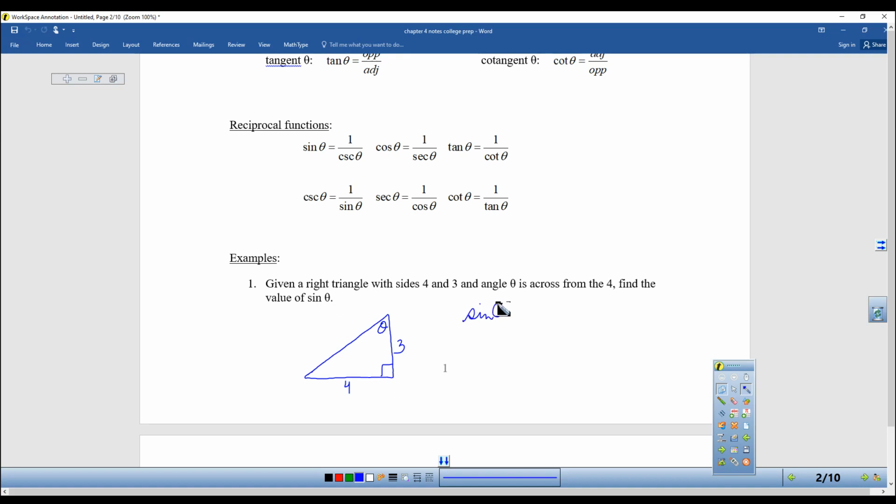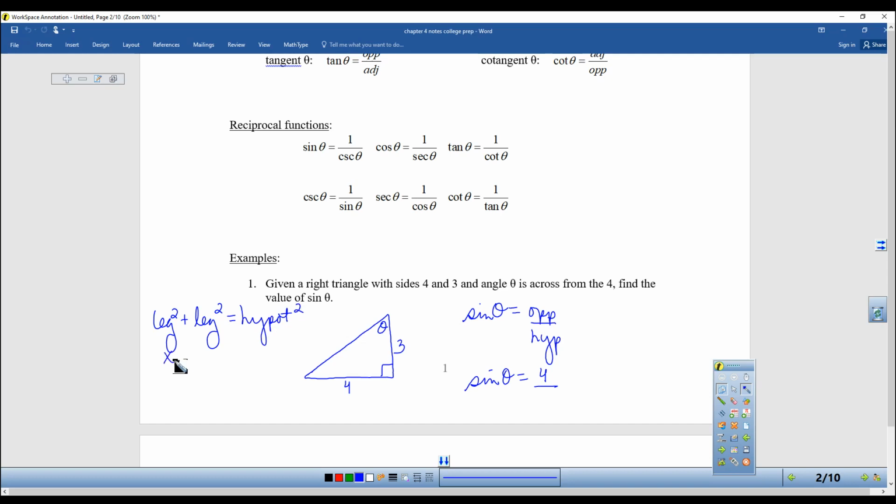So as soon as they ask you for something, you can write down sine of theta is opposite over hypotenuse. They're asking you for the ratio of those two sides. Well, you know that this side is 4. If you knew the length of the hypotenuse, you would have your answer. So in a right triangle, we can use the Pythagorean Theorem, which says that the leg squared plus the leg squared is equal to the hypotenuse squared.